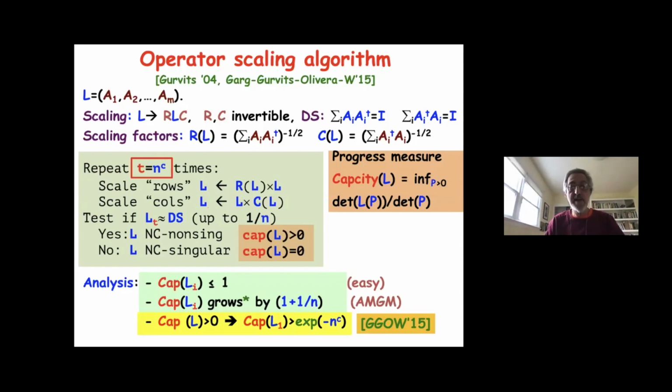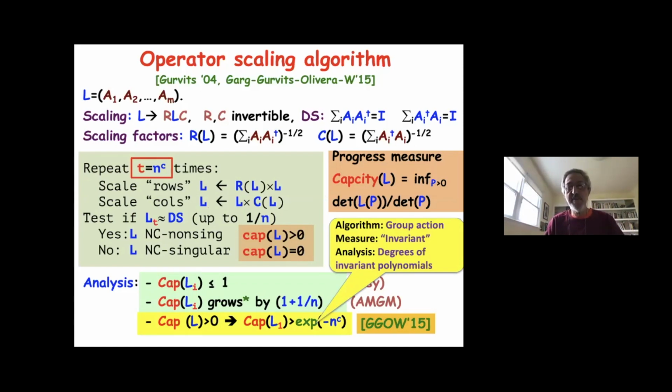But the ingredients, and this is the reason that it's hard and not as simple as before, is that you need various mathematical tools, basically tools from invariant theory. You need to understand that what's happening in this algorithm is that they evolve by a group.